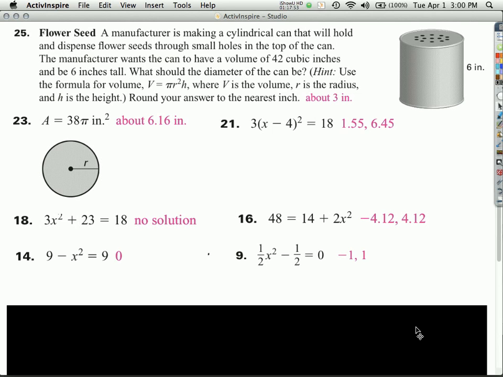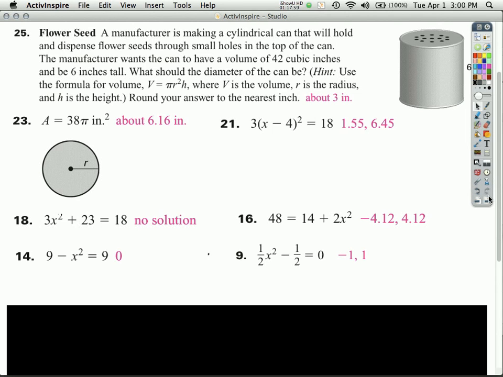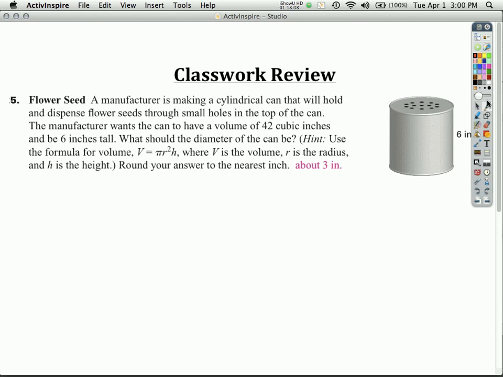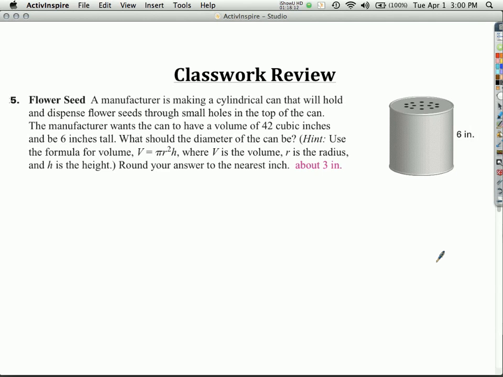So, let's take a look at 25 for a moment. So here's number 25. Give me a thumbs up if you got it correct. Good, put your thumbs down.